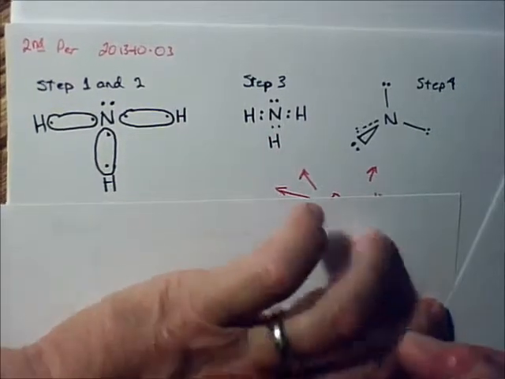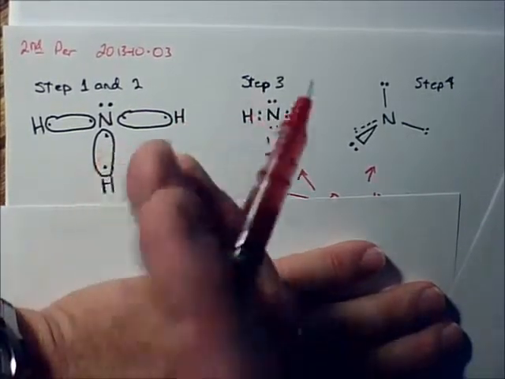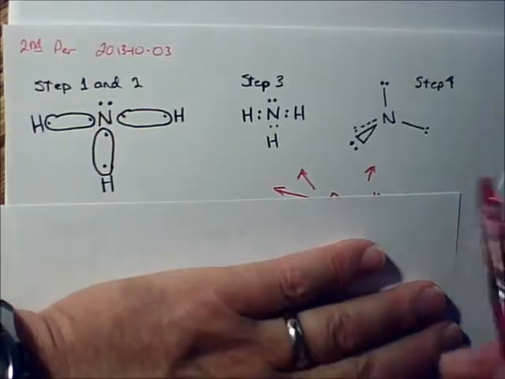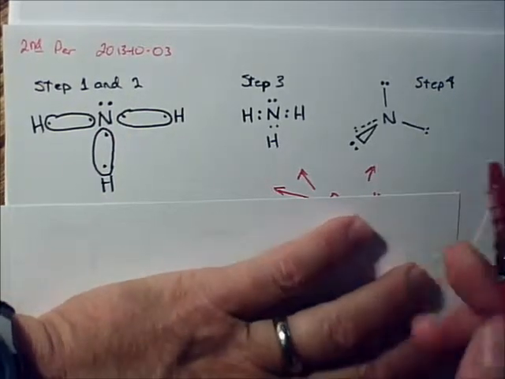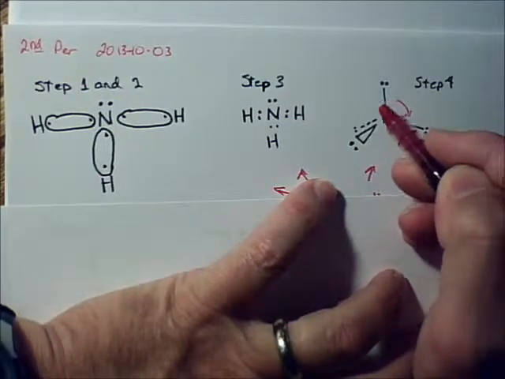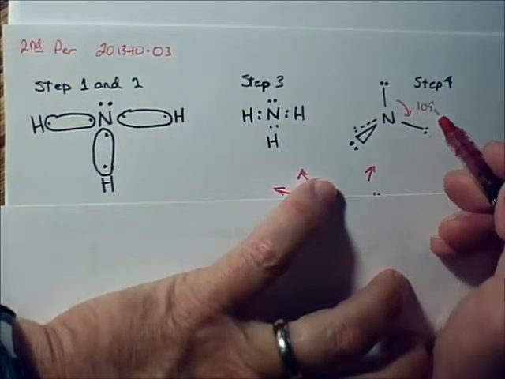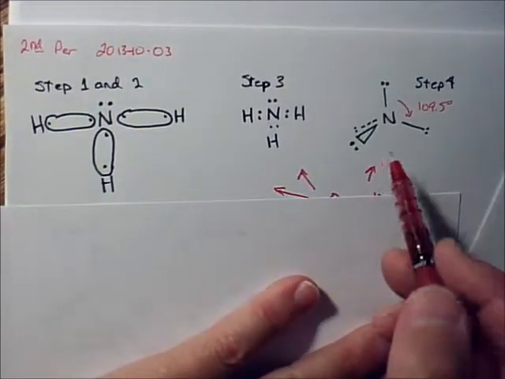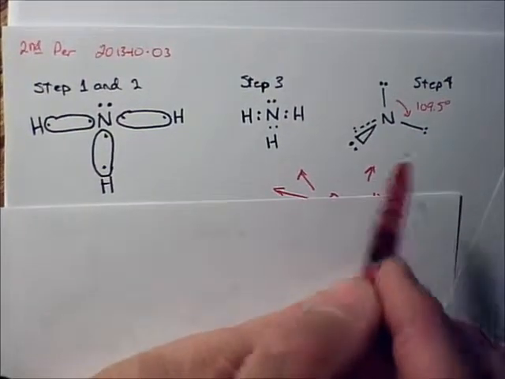And this may be difficult for some students to understand what 3-dimensional tetrahedrals look like. Okay? But this is spaced out as far as you can get them. And each one of these angles, each angle to the next one is 109.5 degrees.